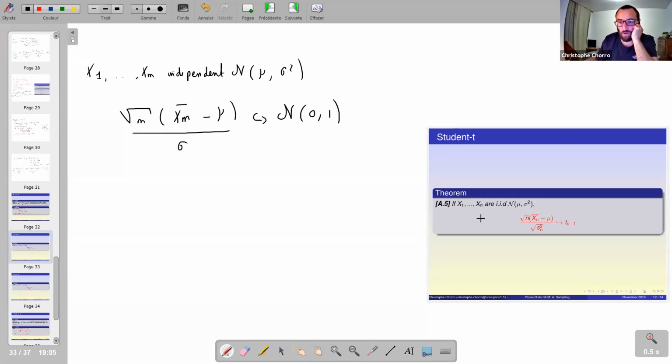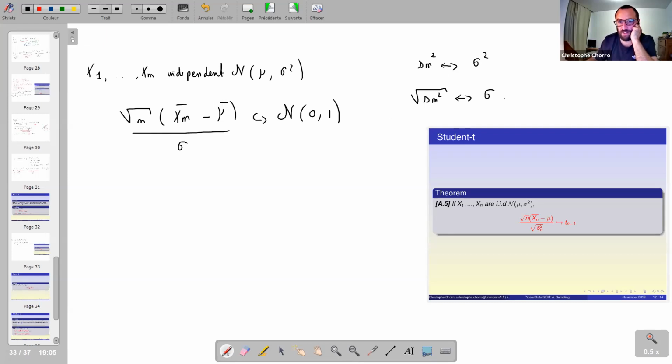What is the meaning of the theorem? It tells me that in this expression, I can replace sigma by an estimator. We have seen together that Sn square was an unbiased estimator for sigma square, and if I take the square root of Sn square, it will be an estimator of sigma.